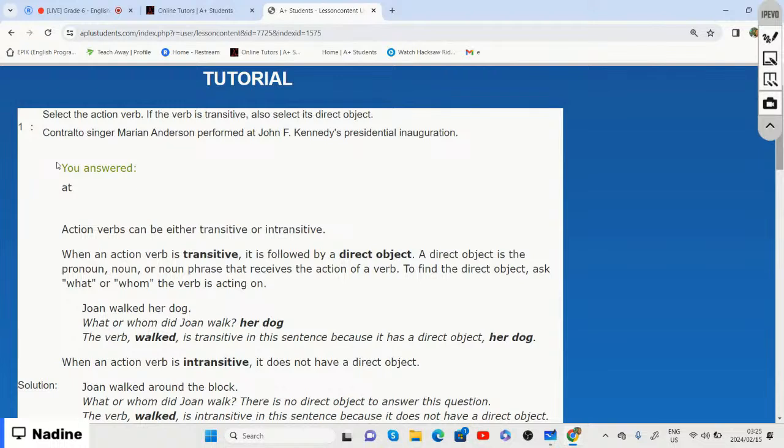So, if we select our action verb, look at that sentence: what do you think is the action verb? Contralto singer Marian Anderson performed at John F. Kennedy's presidential inauguration.